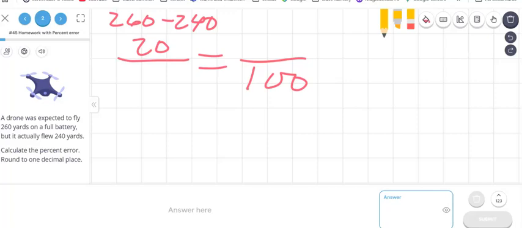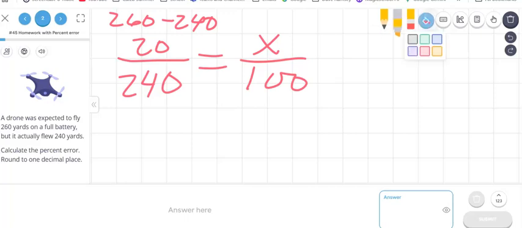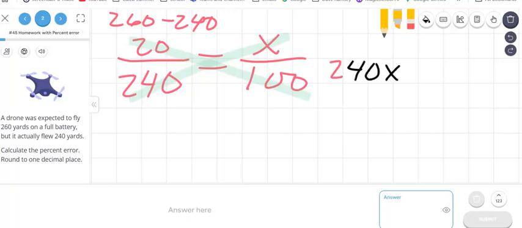And it actually flew 240, so that's the actual. So now if we do our cross products, 240 times x is 240x equals 20 times 100 is 2000.